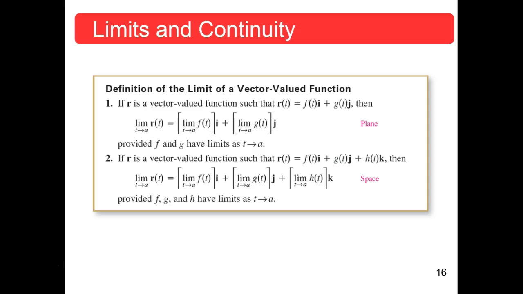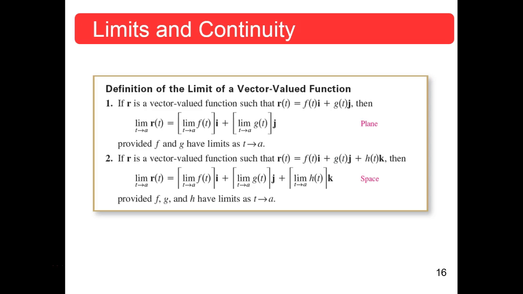Notice these are scalar functions. f and g are scalar functions. R is a vector function, but as t approaches a here, that's when t approaches a for the f part, t approaches a for the g part, and those are the i and j components of it, provided that f and g have limits as t approaches a. If they don't, then R doesn't either. Okay, so don't even try.